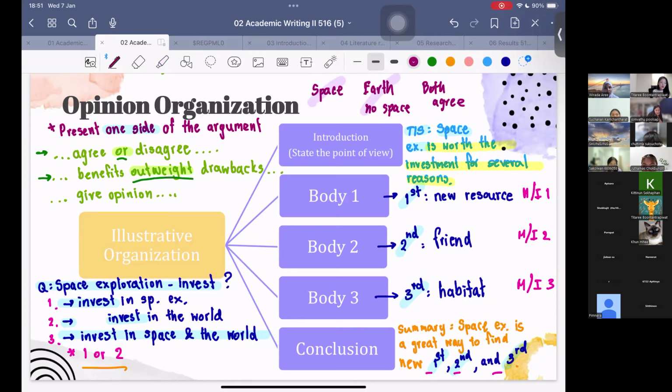But the last one, saying I think we should do both, is not recommended. The reason is that when you give both reasons, you feel like they are equally heavy, equally strong.